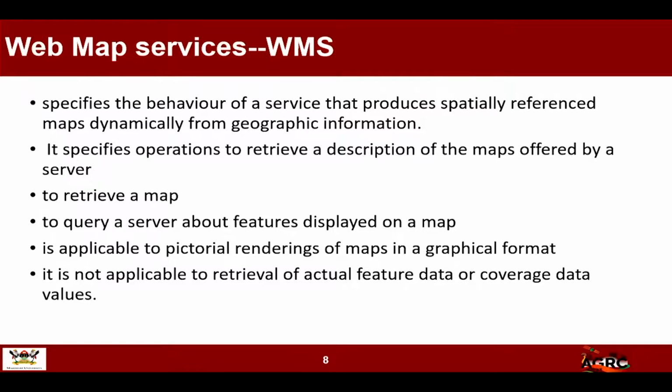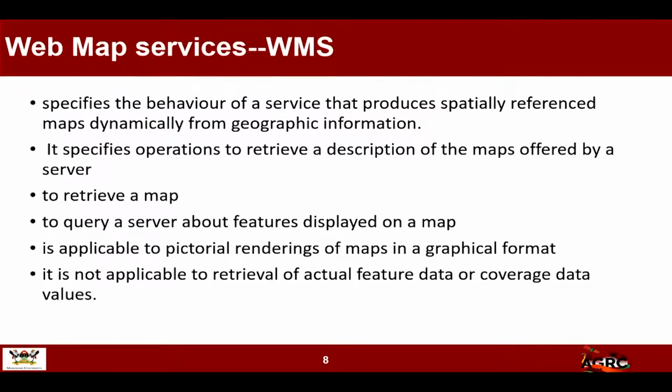Now, a web map service basically specifies the behavior of a service that produces spatially referenced dynamic maps. And of course, this is basically geographic information that we're talking about. What you can do is retrieve a map, and it's also possible to retrieve the description of the map that's being offered by the server.